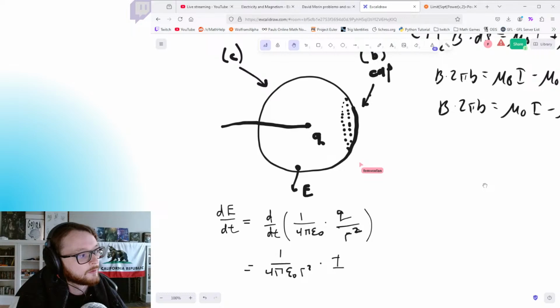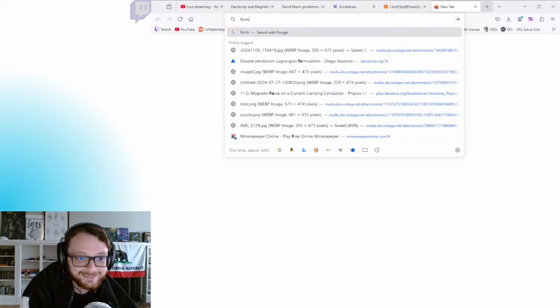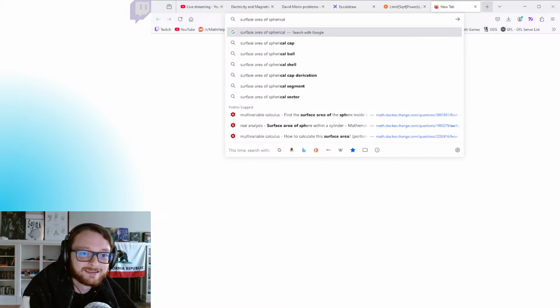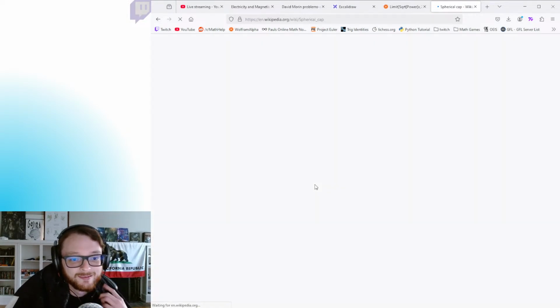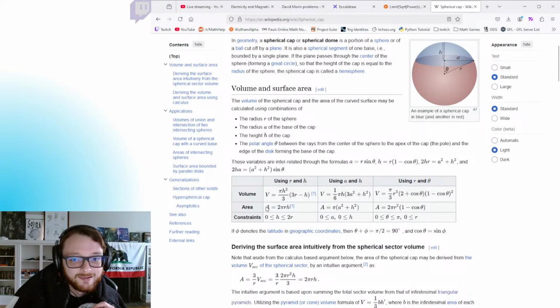So now, how do we find the area of a spherical cap? What's the formula for that again? Is it in Appendix K, or do we have to do an integral? We can do a Google. I feel like I know a simple formula for it, I just can't remember it. I think that's what we effectively did in the chapter 1 question. Probably 2 pi r squared times 1 minus cosine theta.